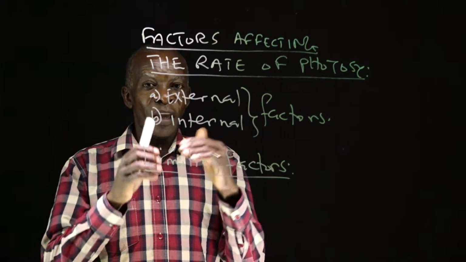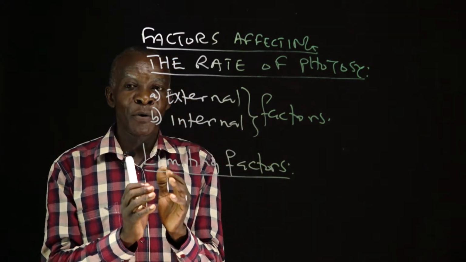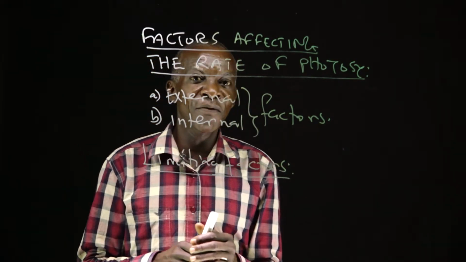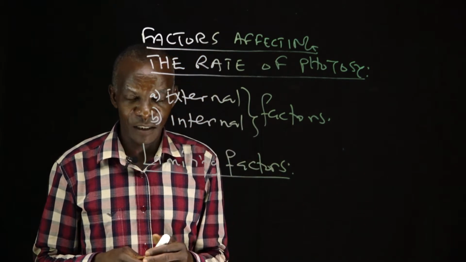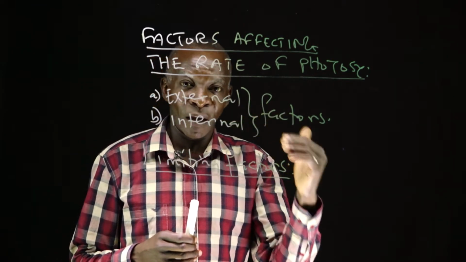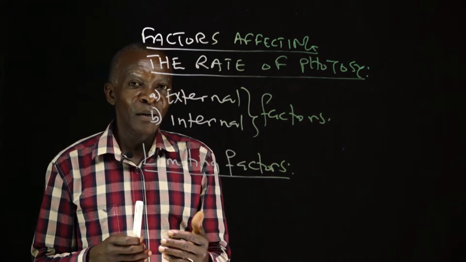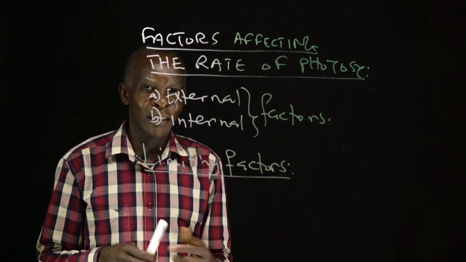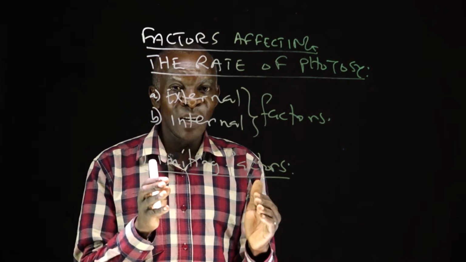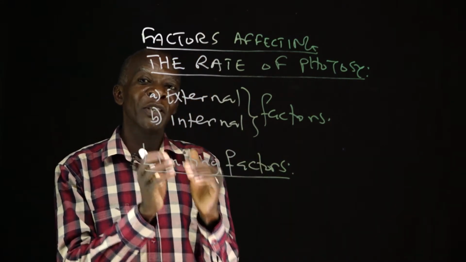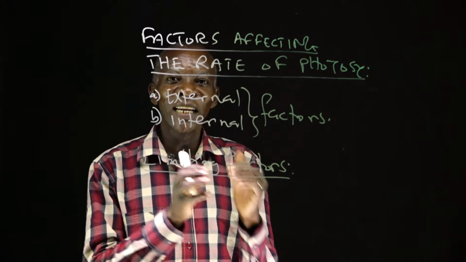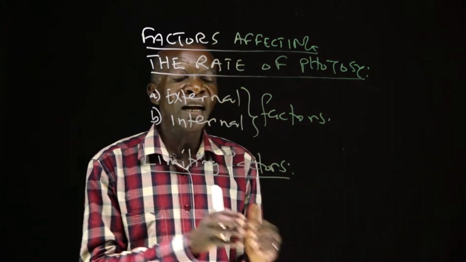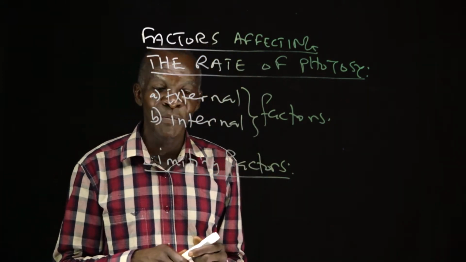Now, if we go into a physiological process which involves several factors, a physiological process whose proceeding requires several factors, the factor which will be in the shortest supply will limit that process, and therefore it will act as a limiting factor.